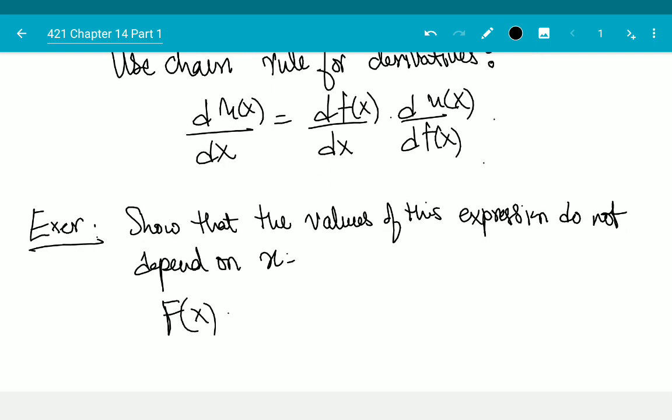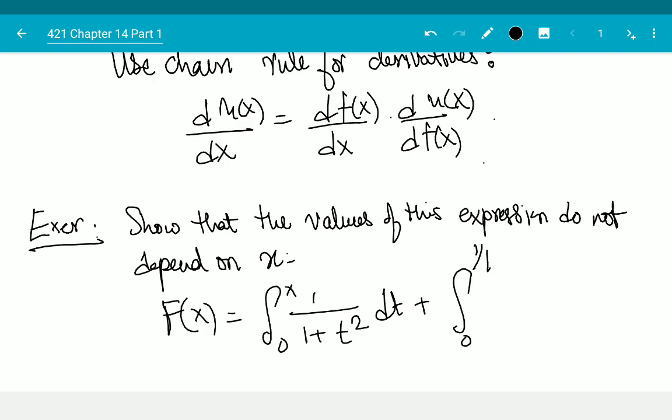Capital F of x is equal to the integral from 0 to x of 1 over 1 plus t squared dt plus the integral from 0 to 1 over x of 1 over 1 plus t squared dt.